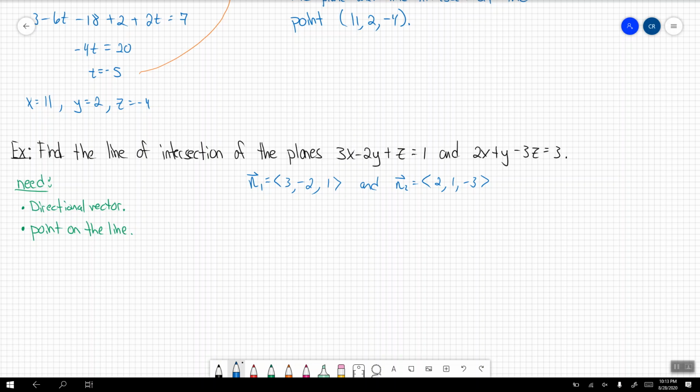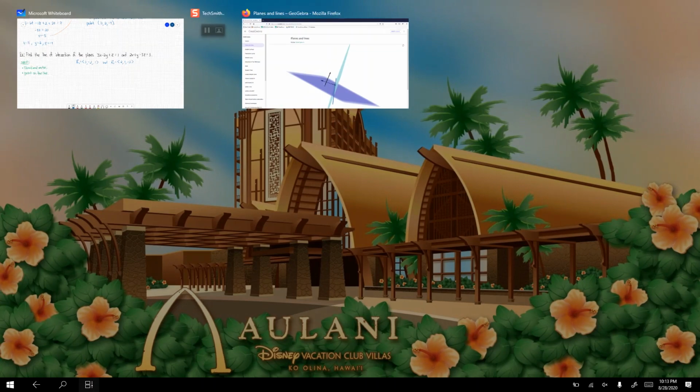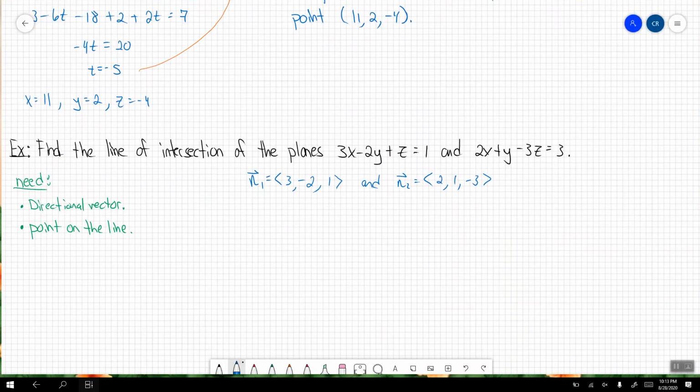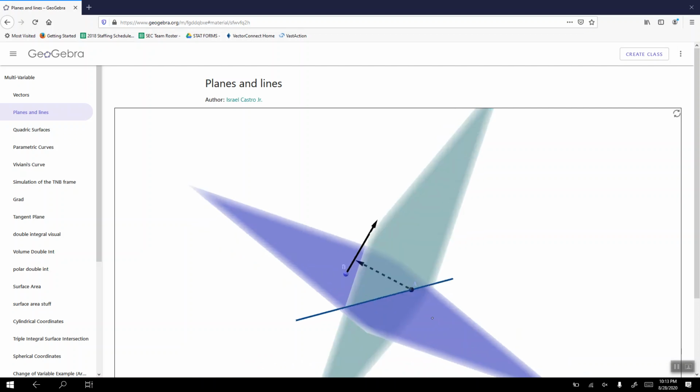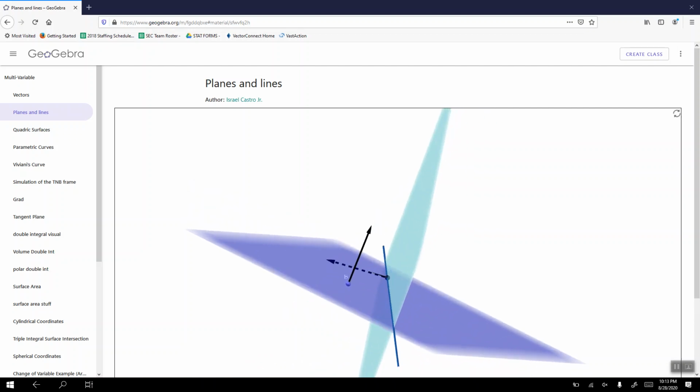Secondly, when two planes intersect, their intersection is a line. Let's use GeoGebra for that. Here we are. Two planes intersect, they intersect at a line.